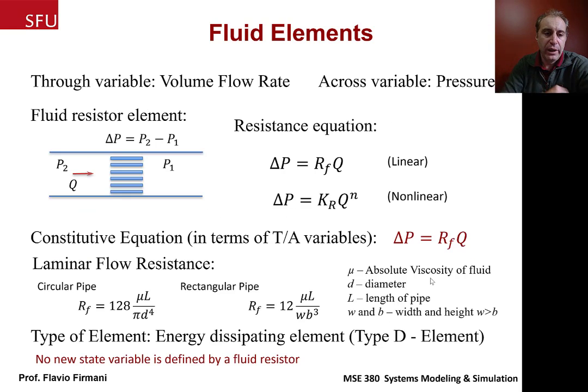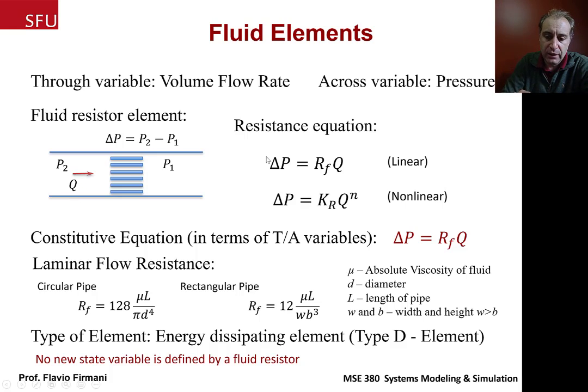And finally, we have the fluid resistor. With the fluid resistor, again, we're going to have a drop in pressure that is going to happen at 2 points or 2 extremes of our element, and we still maintain the same flow rate passing through the element.